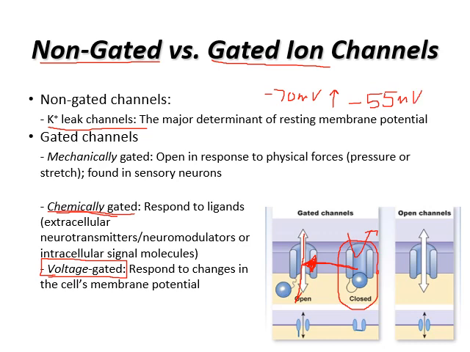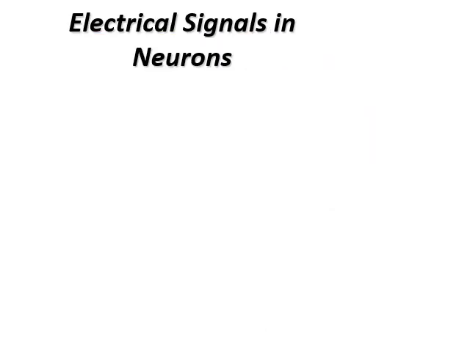It'll be a cue to open up many of these voltage-gated channels. My membrane potential moves from negative 70 to negative 55 millivolts. That would cue this voltage-gated channel to open. So remember, these neurons are going to have to communicate over long distances, and to do this, they have to send signals over long distances.